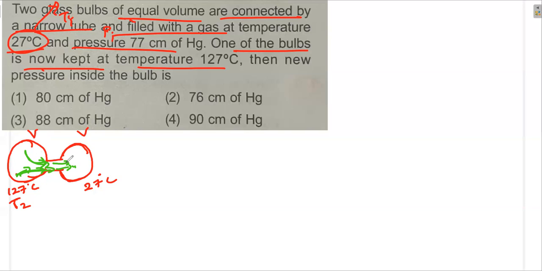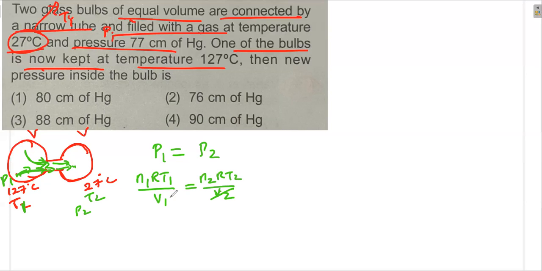So the number of moles will be less here because gas is flowing here. Here the moles will increase, it will compensate. So you need to understand finally the pressure on both sides. Let's say this is T1 and P1. So here I'll say it is T2 and P2. They'll remain the same. And we know from the ideal gas equation, PV is nRT. So it's n1 R T1 by V1 is equal to n2 R T2 by V2.